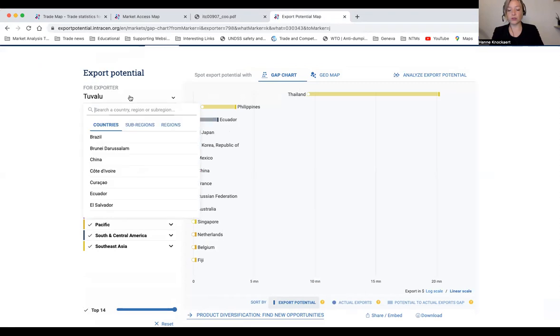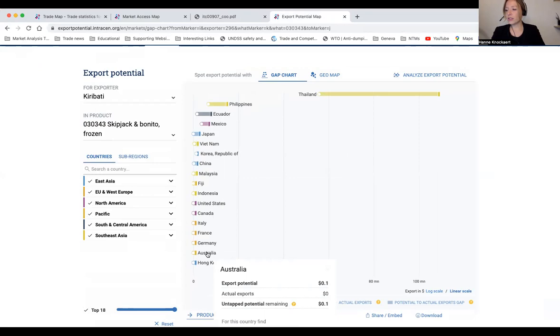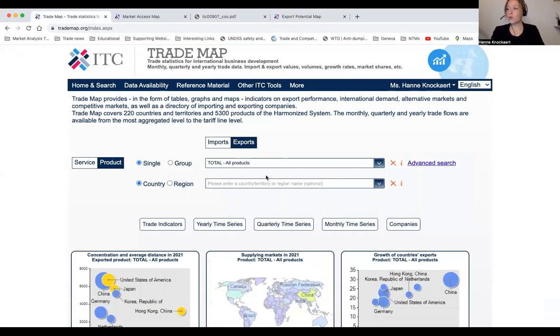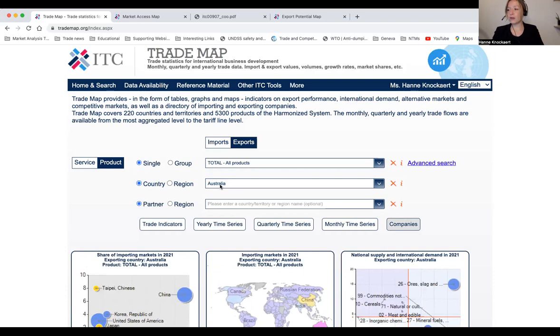I'm pretty sure it's also for Kiribati for the same product. You see Australia is there as well. So let's look into what Australia is actually doing for this product. Okay, let's start by filling Australia out.